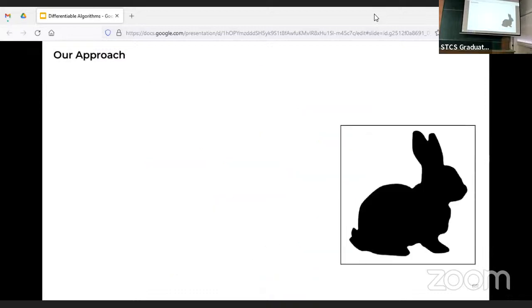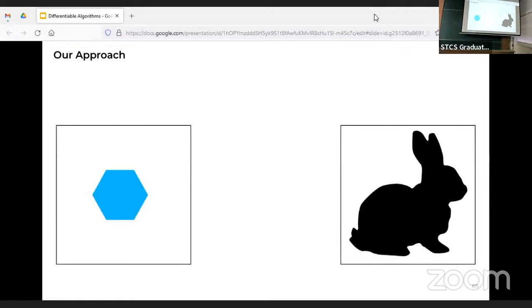So I'll explain our approach. In our approach, we have a differentiable representation of the shape, and it is not a polygon, so it can have arbitrary curves. It is a deformation of some template, so it can have complicated edges. Given a target shape, let's say we have a hexagon as our template.